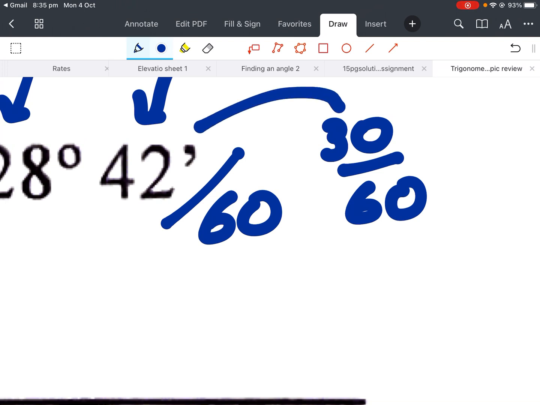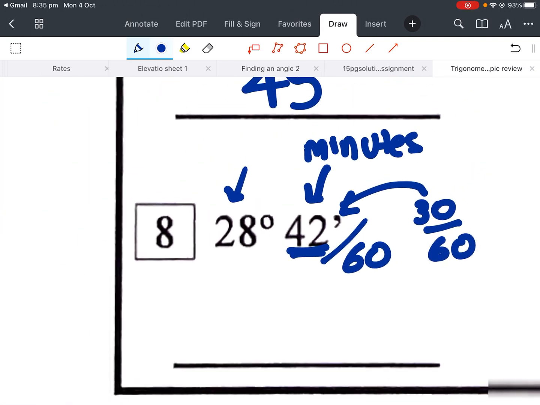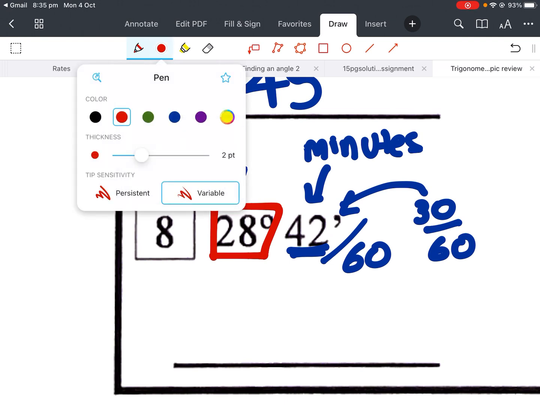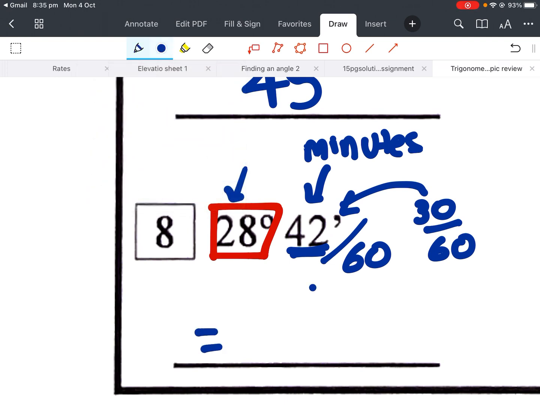So the halfway point, or the point where you round up, is if this number here, 42, is above 30. So if we have to round this to the nearest degree, this one here is my degree. So that's the number I'm going to be not changing, but I have to look at this number and decide, is it above 30? If it is above 30, I add 1 only, same as before, to the 28. So my answer becomes 29.